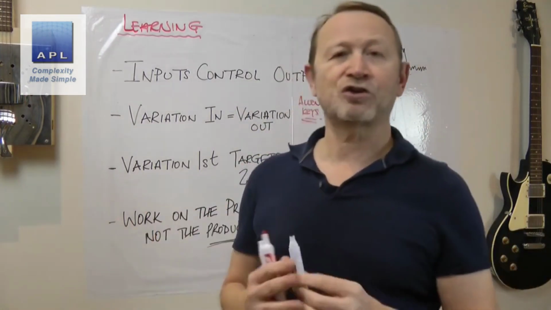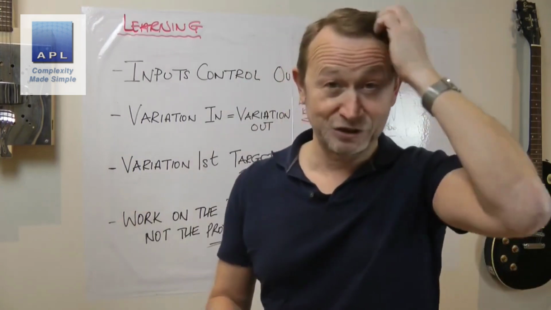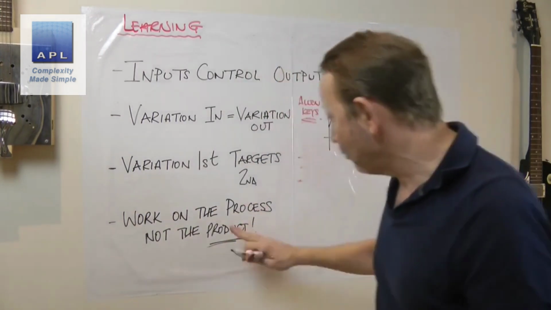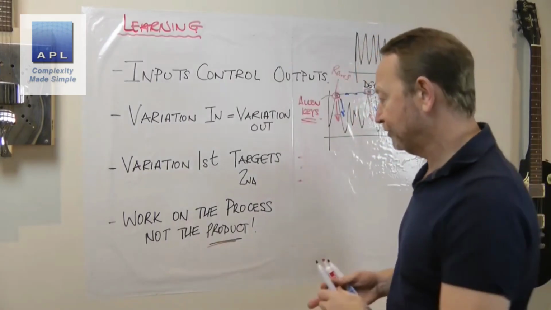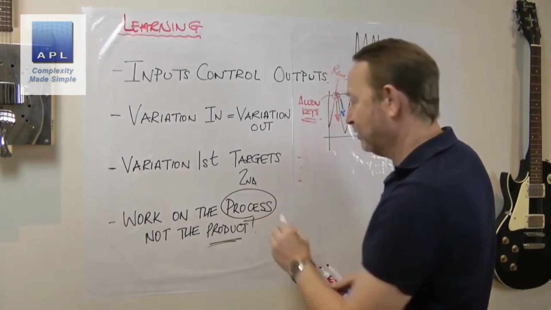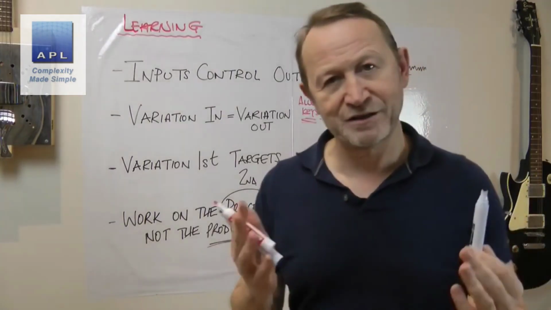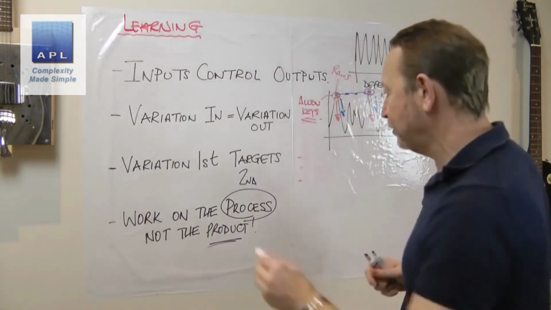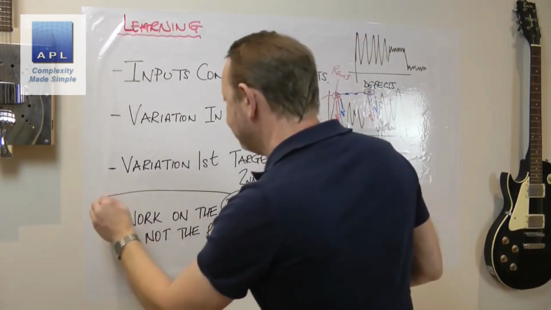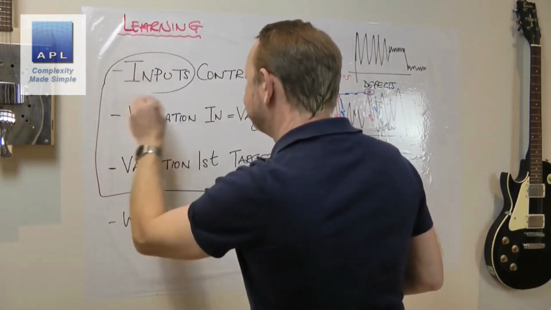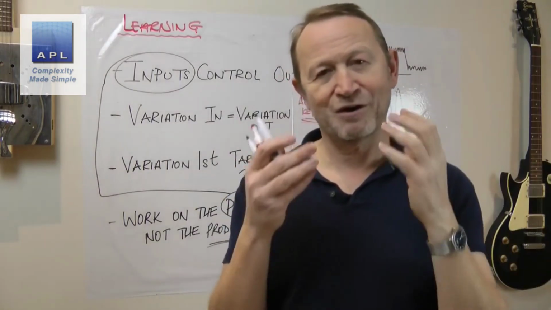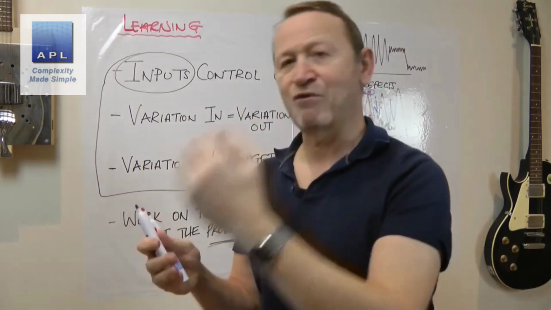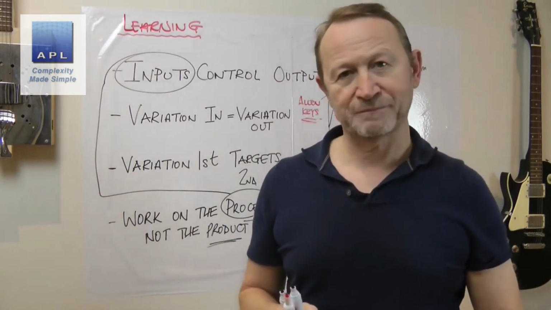The customer looks at the product, they evaluate it and decide it's good or bad, and we tend to do the same. If you want the product to be good, you need to work on the process that created it. How do you define the process that created it? From the inputs that go into it and how well you control them.